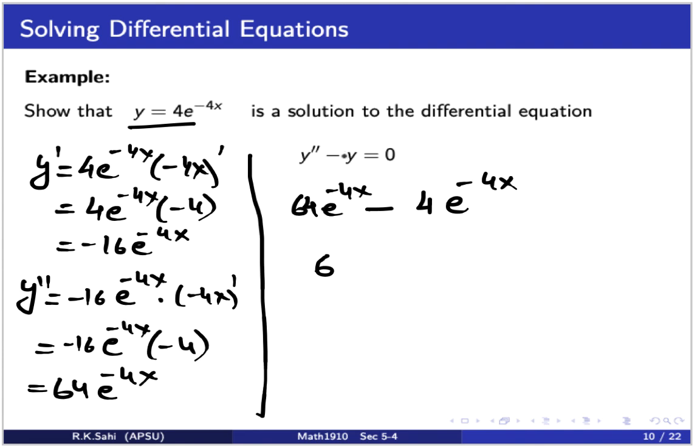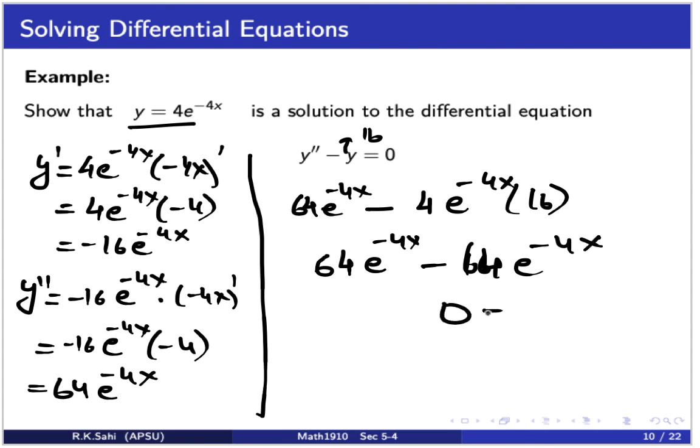Oh, sorry, this should be 16y. I think there's a typo, otherwise this will not be right. So this is y double prime minus 16y, sorry guys. So times 16, this is 64 e to the power negative 4x minus 64 e to the power negative 4x, 0 equals 0. Yeah, that was a typo. This should be y double prime minus 16y equals 0. My fault.